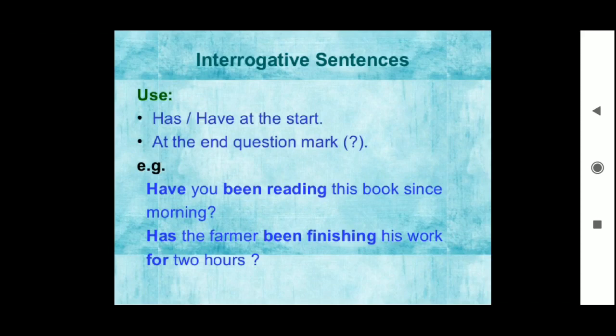Similarly, in the second sentence, has, farmer. Why? Because farmer is singular, that is why has is used here. Been finishing his work for 2 hours. 2 hours is period of time. That is why for is used here.